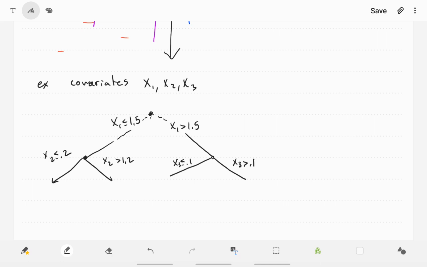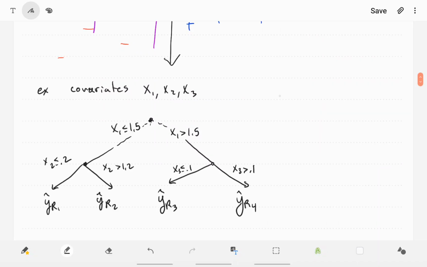Then at these nodes, which we call the leaf nodes of this tree, we have a rectangular region, and y hat within this rectangular region would be some prediction based on the class labels or the observed y's within the regions. So this would be the y hats for each of these regions.